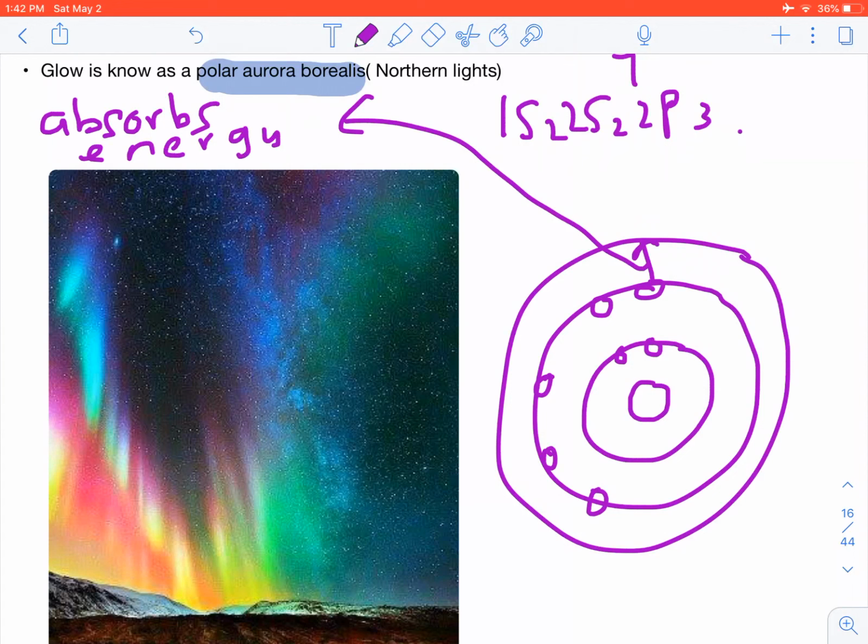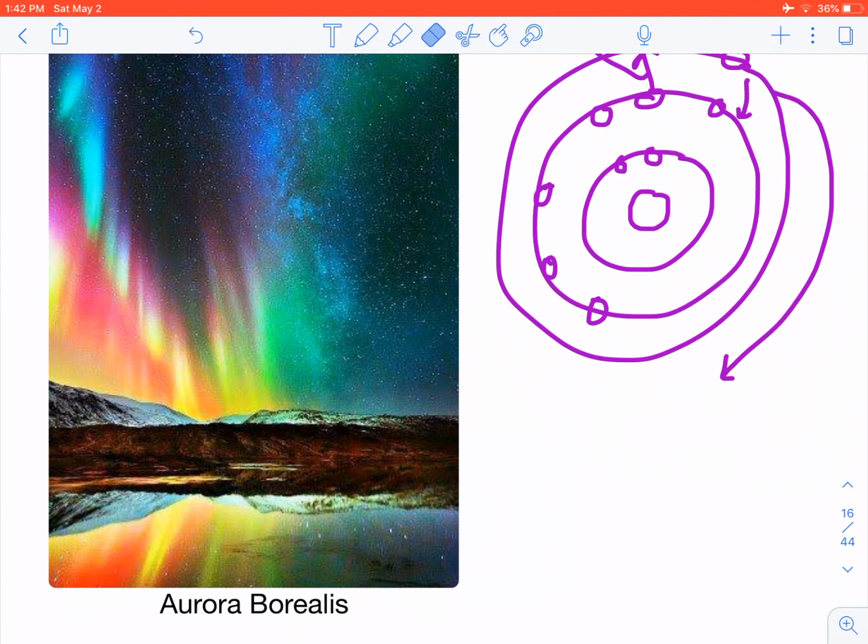And when it moves from a higher shell to a lower shell, it releases energy, or emits energy.